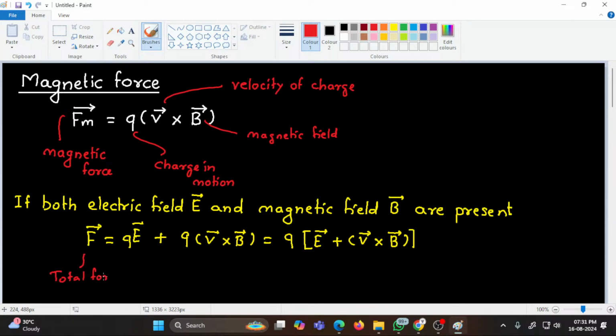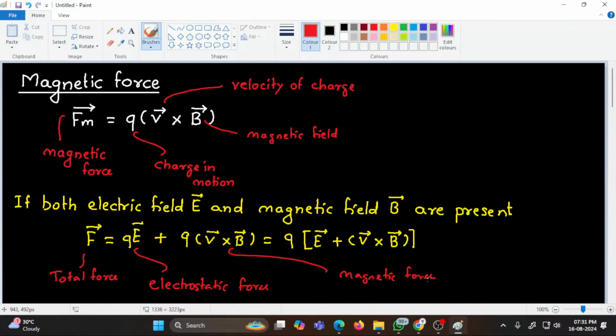ये समझते हैं ना? Yes. This is electrostatic force due to electric field, and this is magnetic force. So two forces act on it.